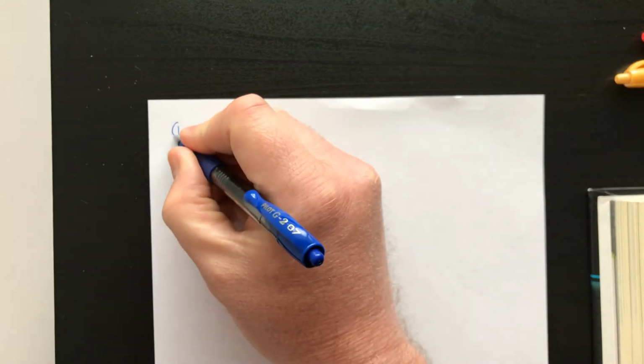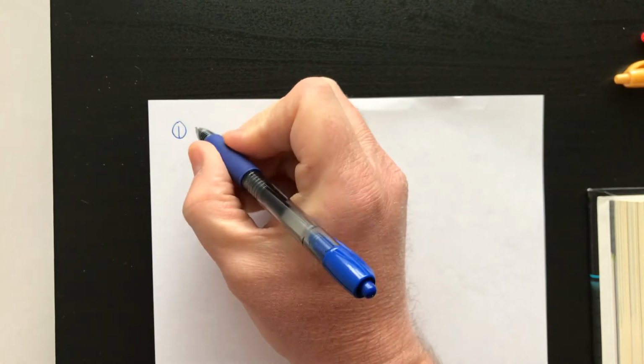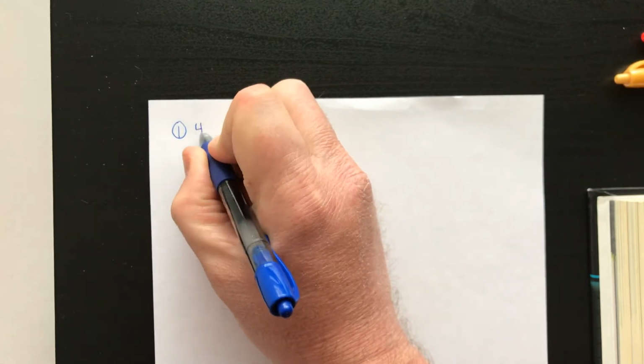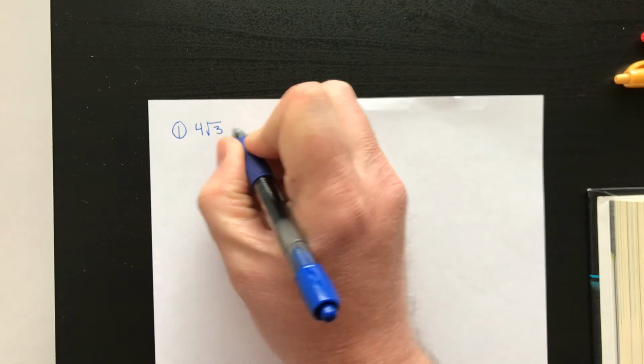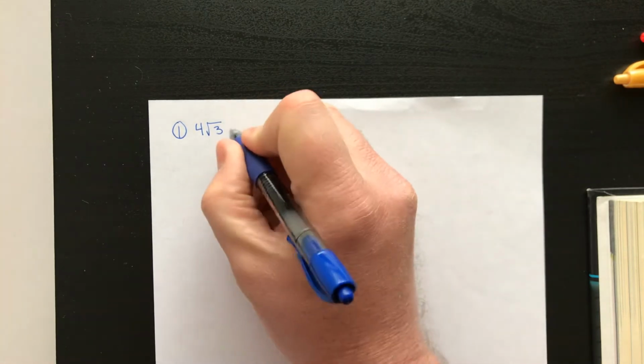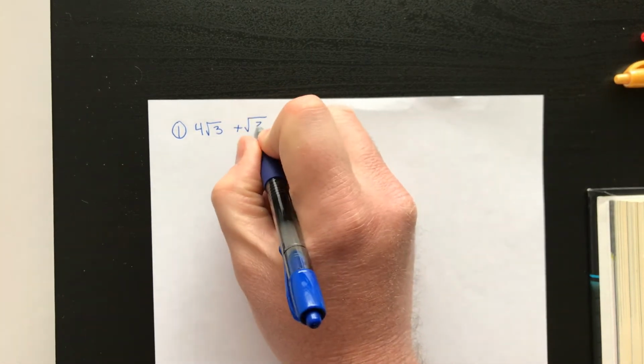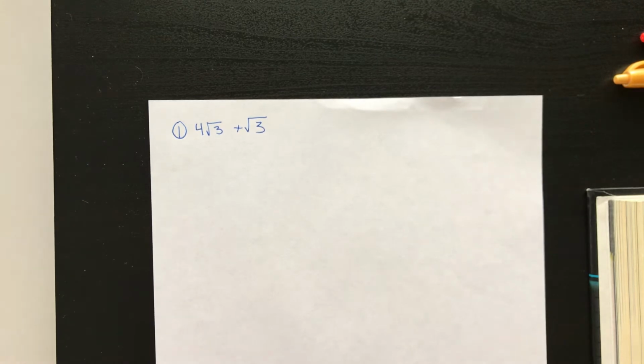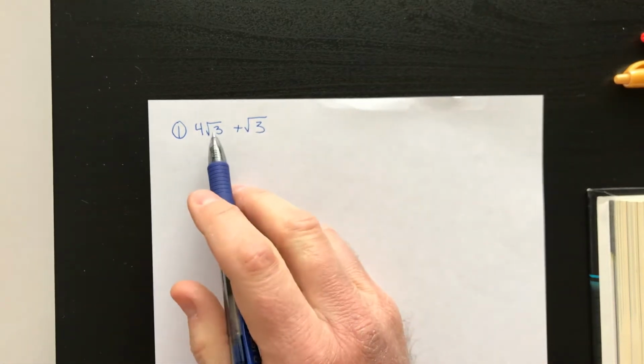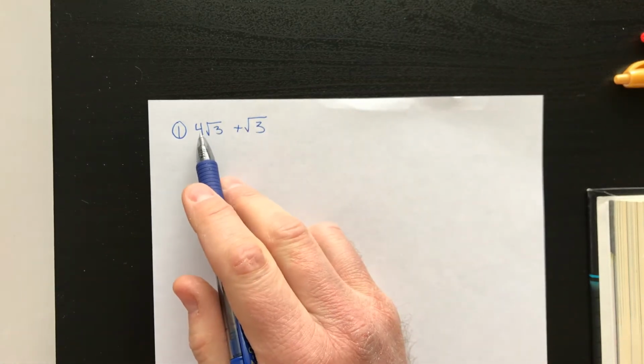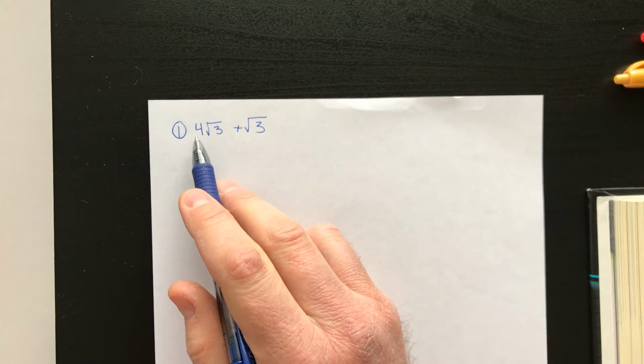Number one's a pretty simple problem. It's just 4 root 3 plus root 3. Those are considered like radicals, and all you're doing is adding these together. You add the numbers in the front of the radical together.